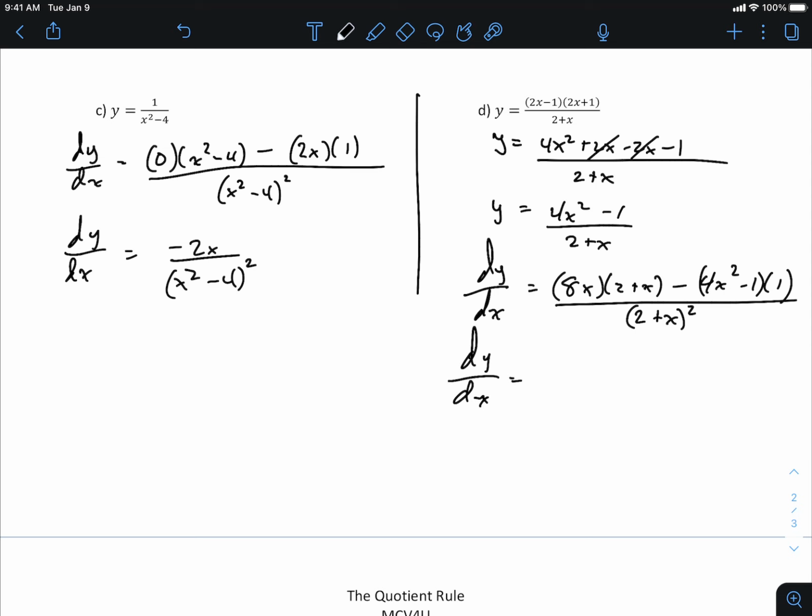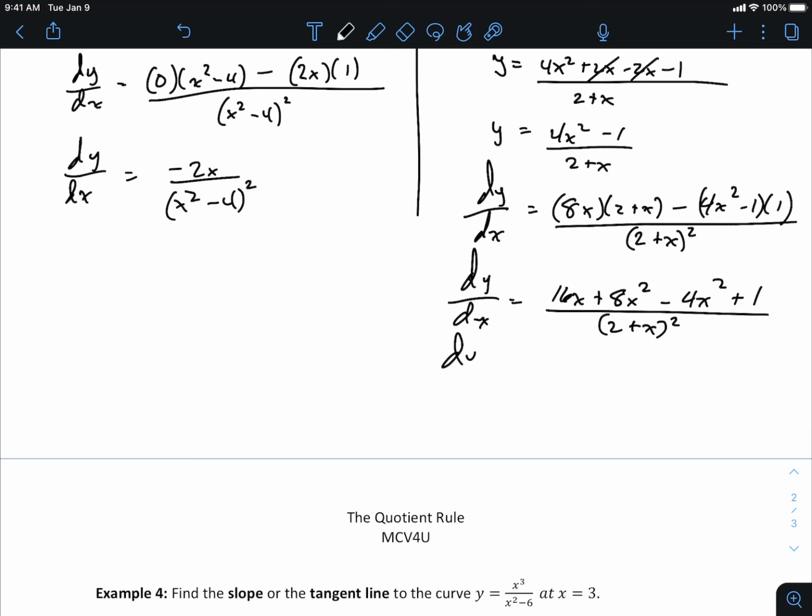Dy by dx is going to equal 16x plus 8x squared minus 4x squared plus 1, all over 2 plus x squared. Last part should be our final answer. We'll have 8x squared minus 4x squared. That's going to equal 4x squared plus 16x plus 1 all over 2 plus x squared.